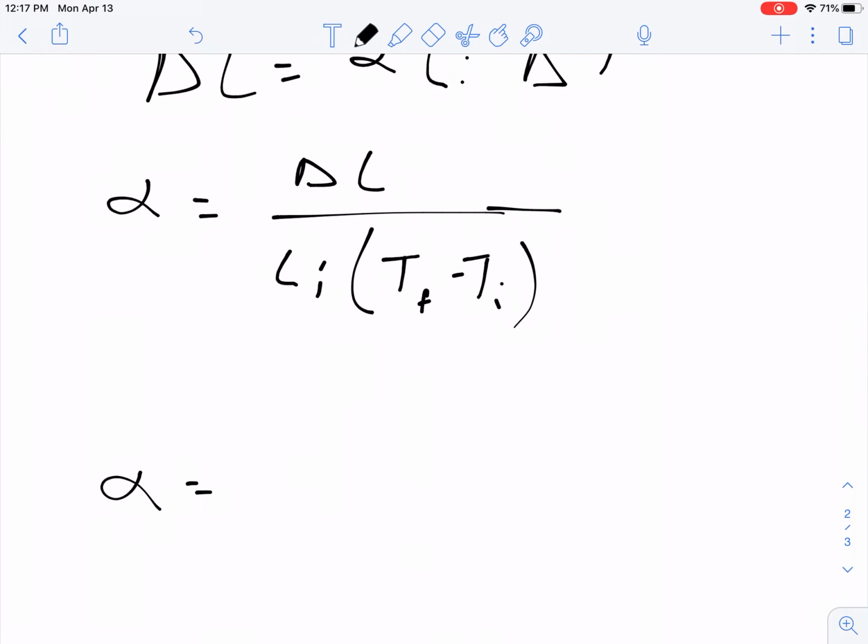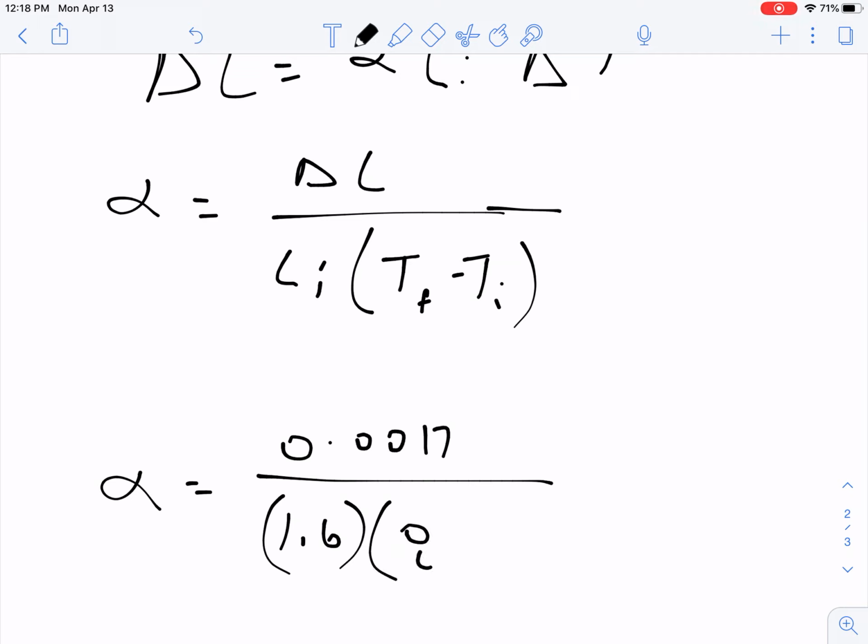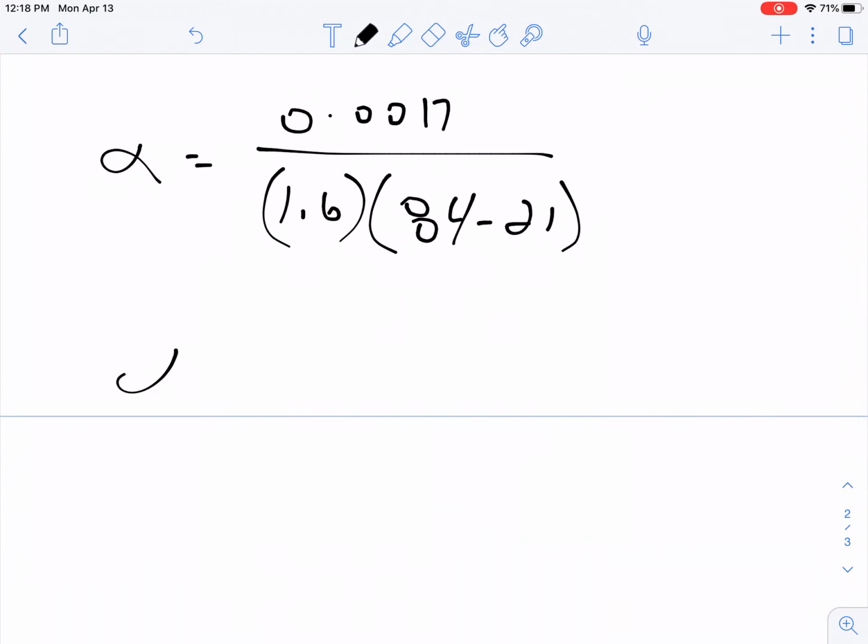Alpha is going to equal the change in length, 0.0017 meters, divided by the initial length, 1.6 meters, times the change in temperature, which is going to be 84 minus 21. That gives us a value for alpha of 1.7 times 10 to the minus 5. Yay! All right, hopefully that made some sort of sense.